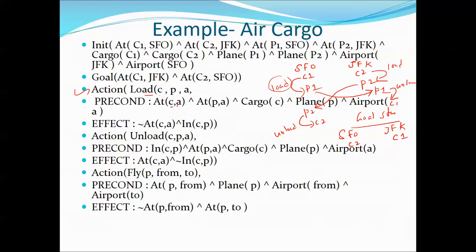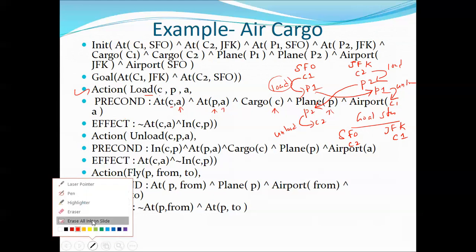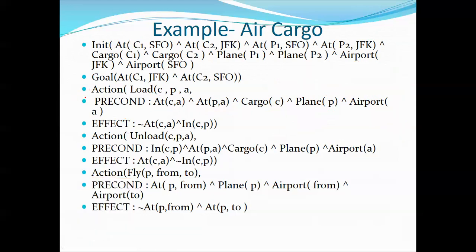The cargo should be at the airport A and P should be at the airport A, right? That is, C should be at airport A and P should be at A. And C should be a cargo, P should be a plane, and A should be an airport. So this is the precondition. If this precondition is satisfied, then you can apply that rule.